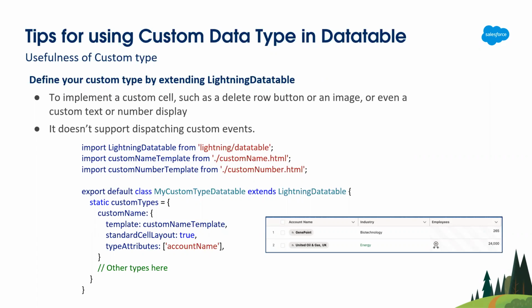If you have these kinds of requirements, then we can implement custom cells, and that can be done with the use of Lightning data table. We can extend the Lightning data table, use these custom types, and based on them customize your data table. Here is an example.